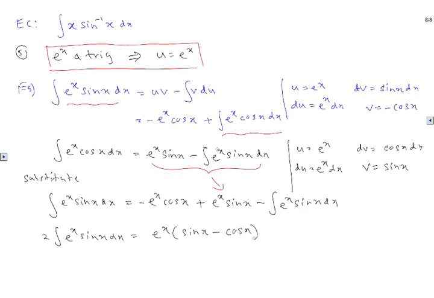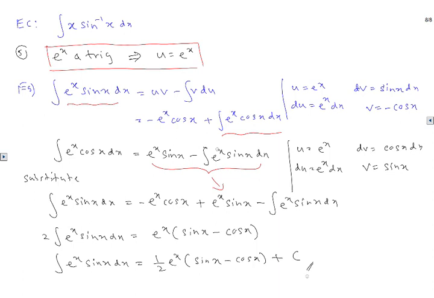Okay. So now what do we do? We can divide both sides by 2. So we divide both sides by 2. The integral of e^x sine x dx is equal to 1/2 e^x times sine x minus cosine x plus, okay, let's add a c now. So that is the answer.